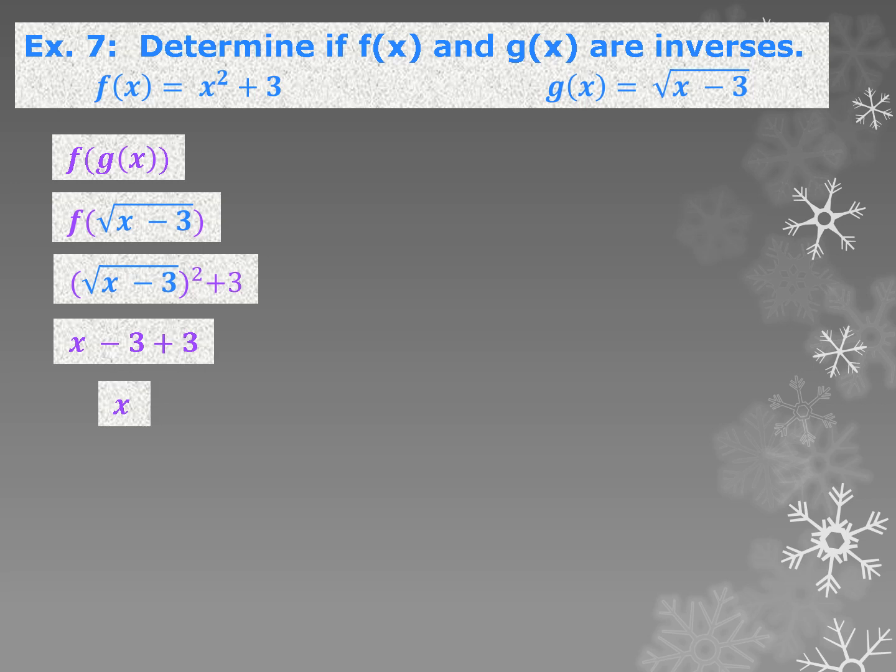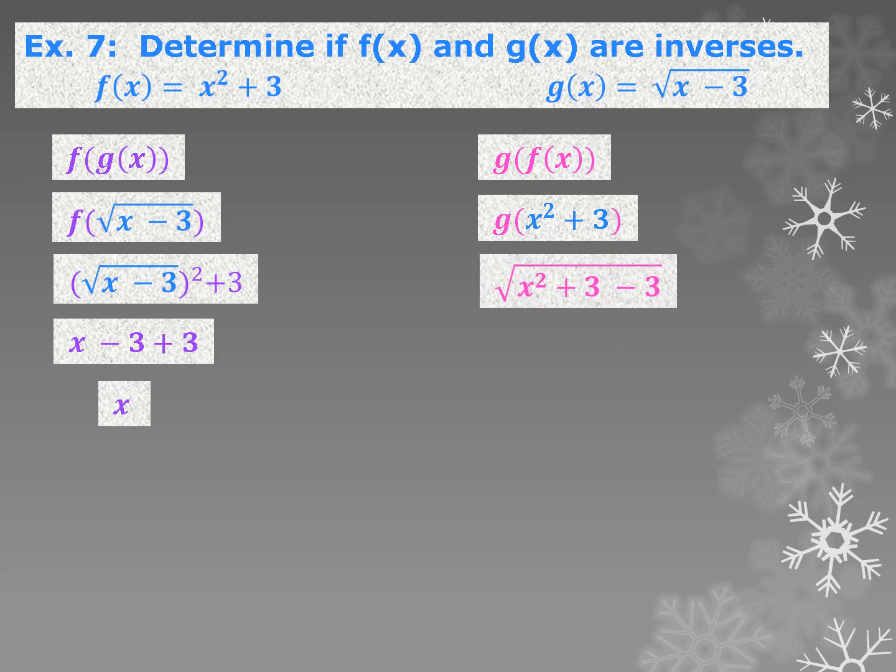Now let's check and see if g of f of x is also equal to x. So g of f of x, that means anywhere I see an x in g of x, I'm going to replace it with x squared plus 3. So we have the square root of not x, but x squared plus 3 minus 3. Well, 3 minus 3 goes away, and I'm left with the square root of x squared.